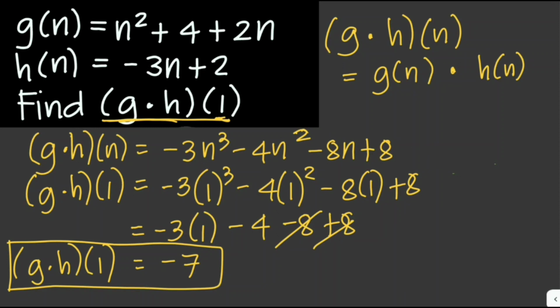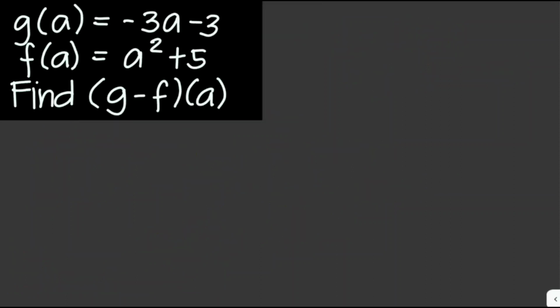Okay, let's solve another problem here. Okay, we're given two functions g of a and f of a, where g of a is equal to negative 3a minus 3, and then f of a is equal to a squared plus 5.